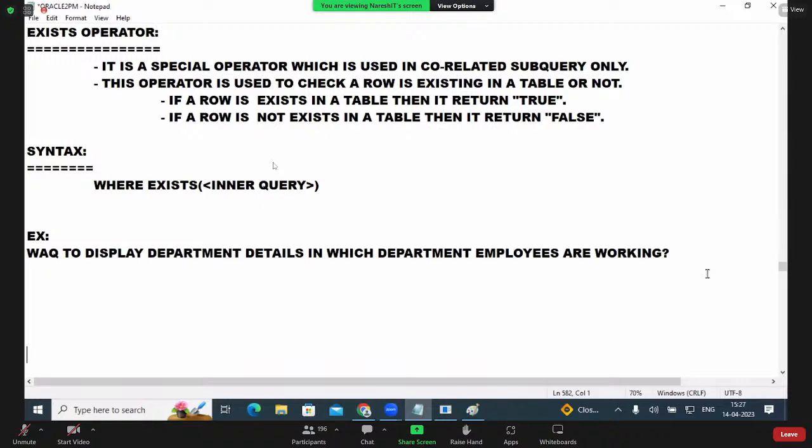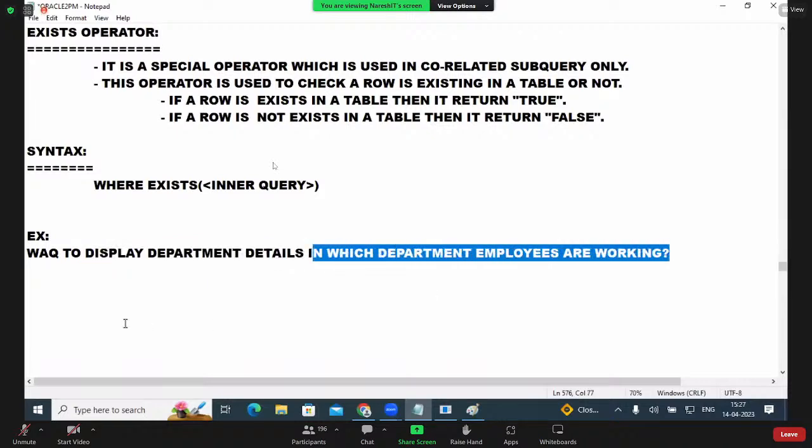Okay, question understood? What I want to display here is department details, not employee details. Which department details do I want to display? The departments in which employees are working.